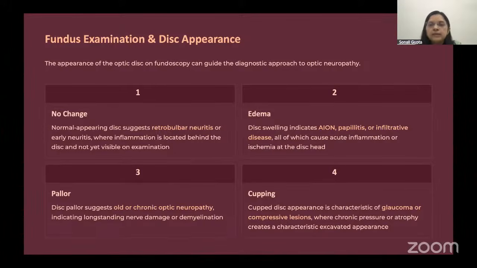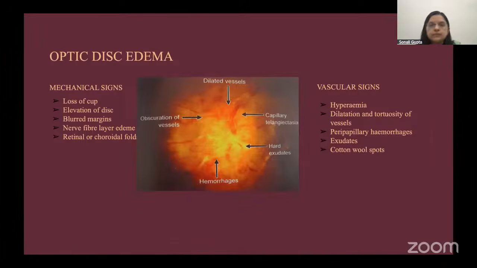In case there is disc swelling, then vascular causes, inflammatory or infiltrative diseases need to be kept in mind. A pallor suggests either an old optic neuropathy or even the toxic nutritional types present with a temporal disc pallor. Cupping of the disc is a characteristic of, as you all know, glaucoma or even compressive lesions.